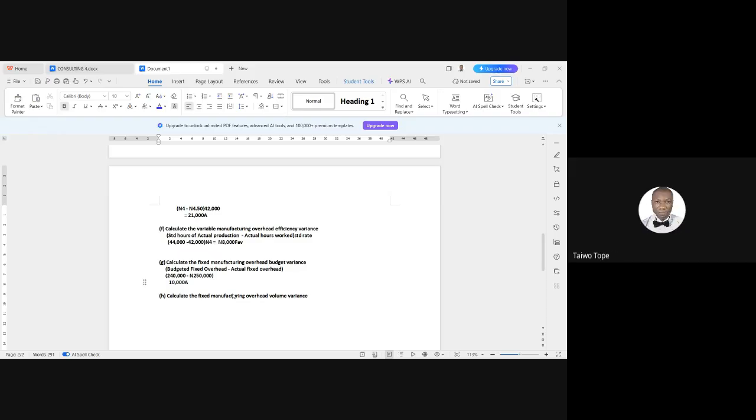The formula we gave in the class the other day, what is the formula? Sir, it's like something is missing. It is supposed to be weighted by the fixed overhead absorption rate.